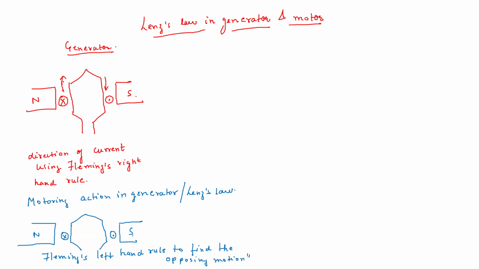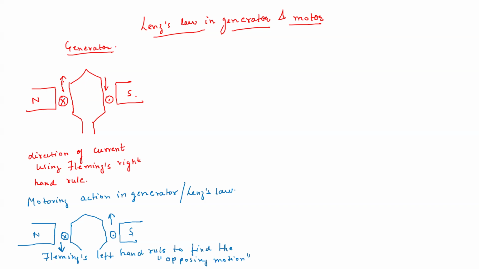So you place the forefinger of the left hand from north to south pole, meaning from left to right. Then your middle finger is pointing into the plane, cross. You will see that the opposing action for the cross side conductor gives the direction downwards, and this one gives the direction upwards. Earlier, because we were moving our generator using the prime mover, the movement here was upwards and this was downwards.